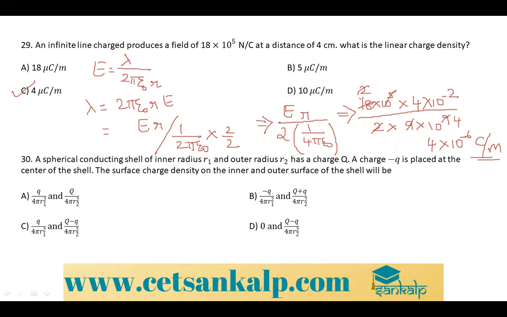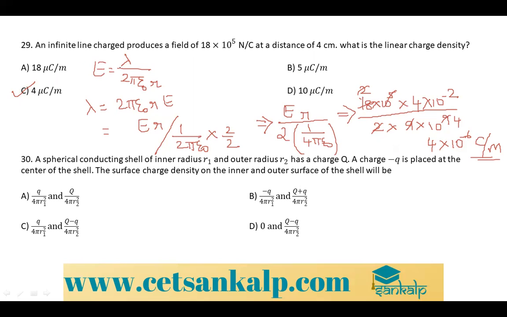A spherical conducting shell of inner radius R1 and outer radius R2 has a charge Q. A charge minus Q is placed at the center of the shell. The surface charge density on the inner and outer surface of the shell will be.